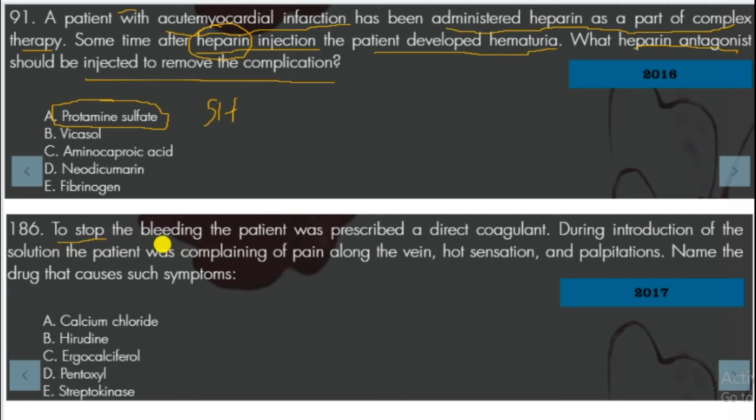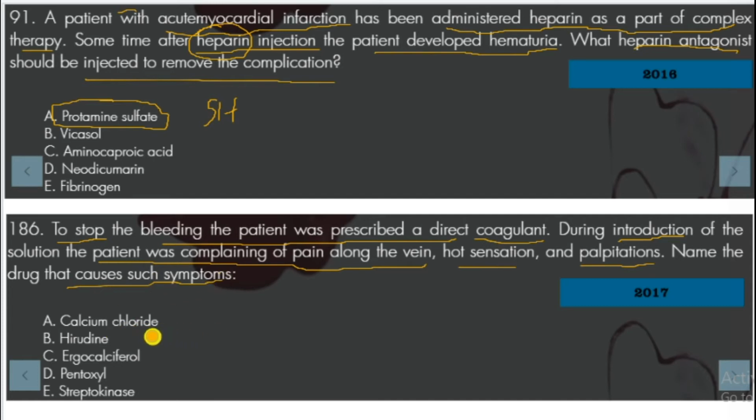And to stop bleeding, the patient was prescribed a direct coagulant. During introduction of the solution, the patient was complaining of pain along the vein, hot sensation, and palpitation. Name the drug that causes such symptoms.